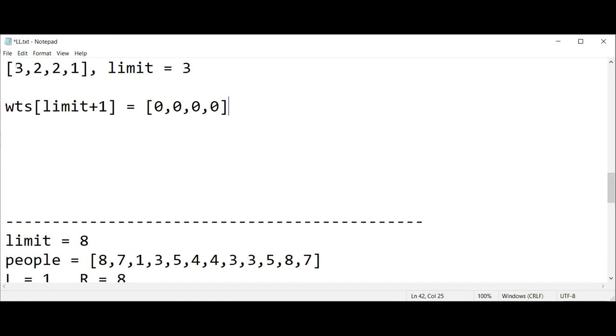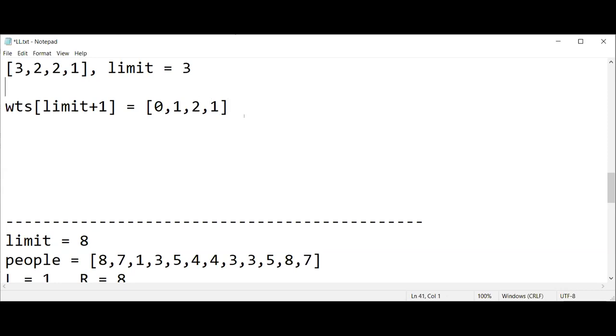Whenever we see any element, like here it is a 3 first, we just increment the value of 3 here, so 1. And we have the number 2 twice, so we increment the 2 here twice. Then we have 1 here, just increment the value 1.